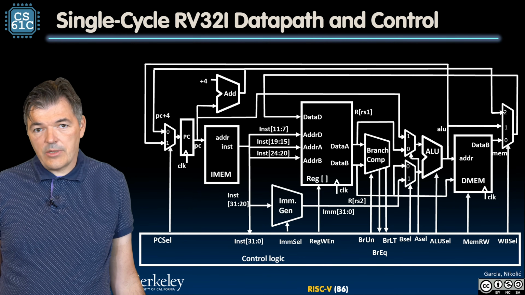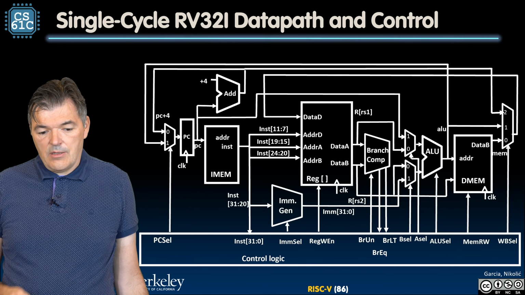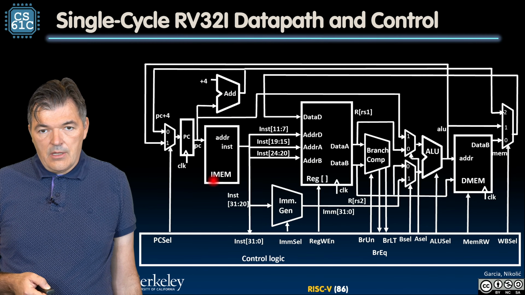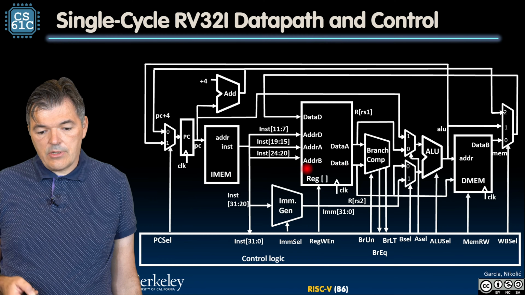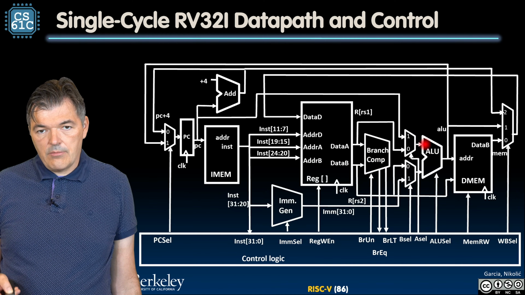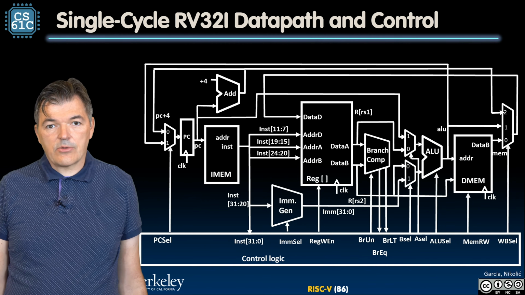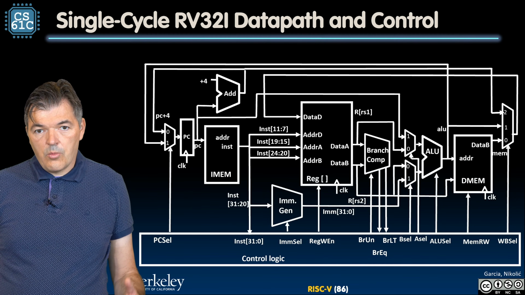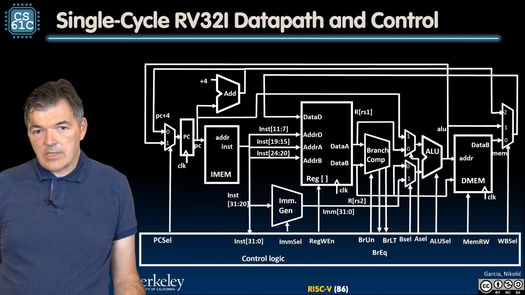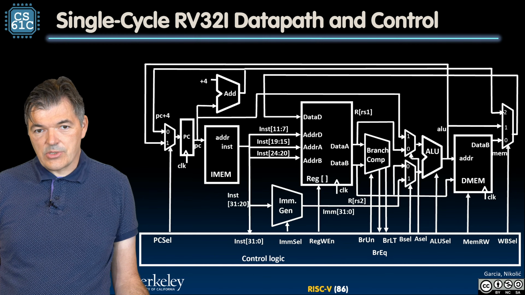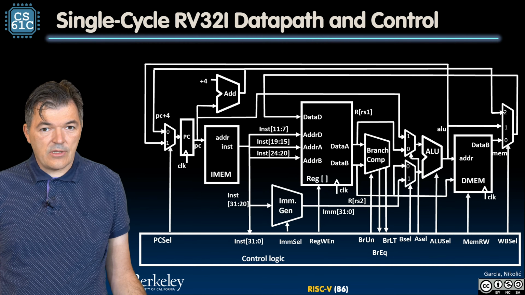Inside the data path we had a number of functional units like the program counter, the fixed adder, instruction memory, immediate generation unit, register file, branch comparator, ALU, data memory, and a number of multiplexers that allowed us to configure this data path to execute instructions. The control unit was setting up these multiplexers and other configuration options inside the data path to execute different instructions.